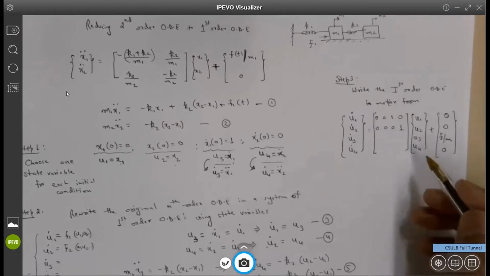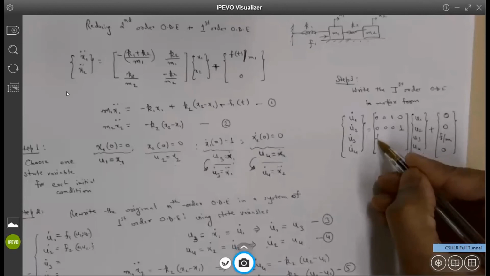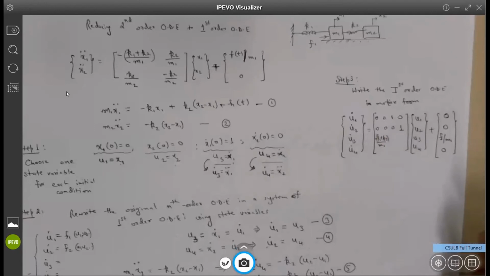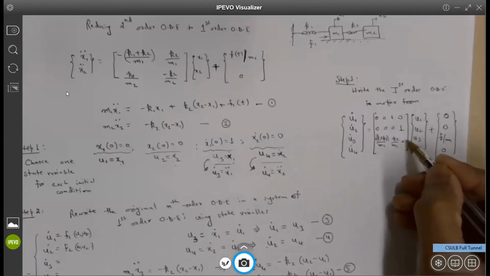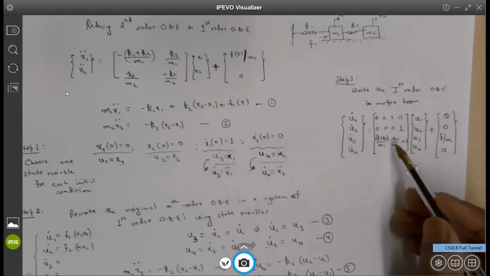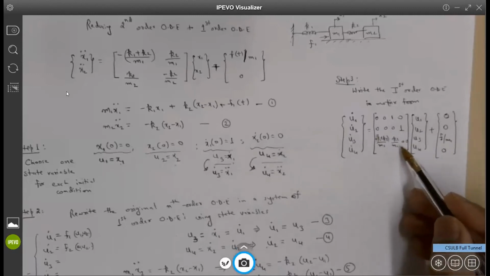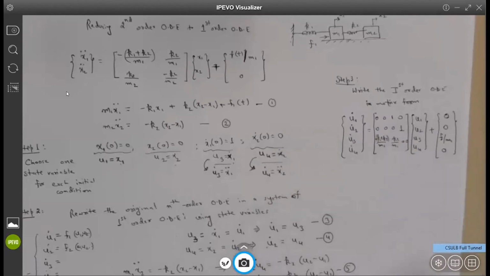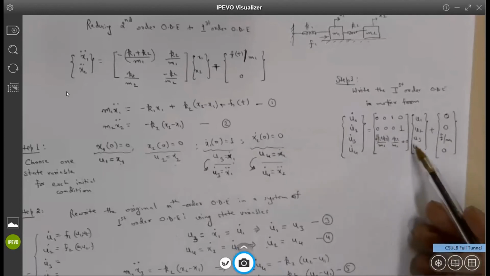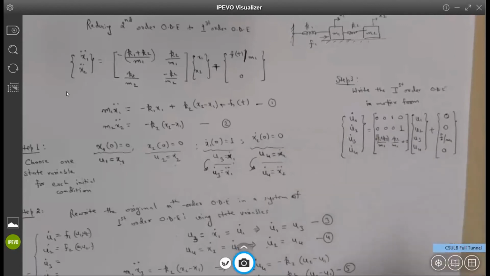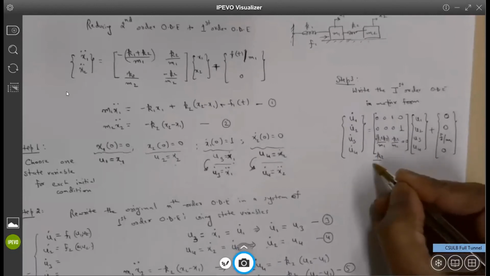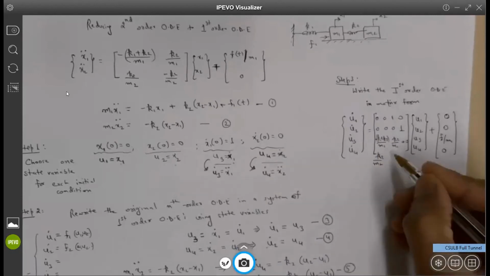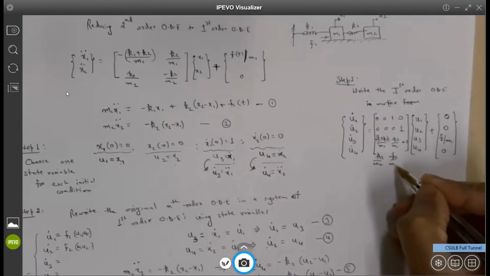U3 dot is negative K1 plus K2, K2 by M1, 0, 0. Sorry, I have that much space, so I'm squeezing everything here. I don't know whether it is readable or not, but I'm just using this equation and trying to plug in the different positions. And U4 dot would be K2 by M2, negative K2 by M2, 0, 0.